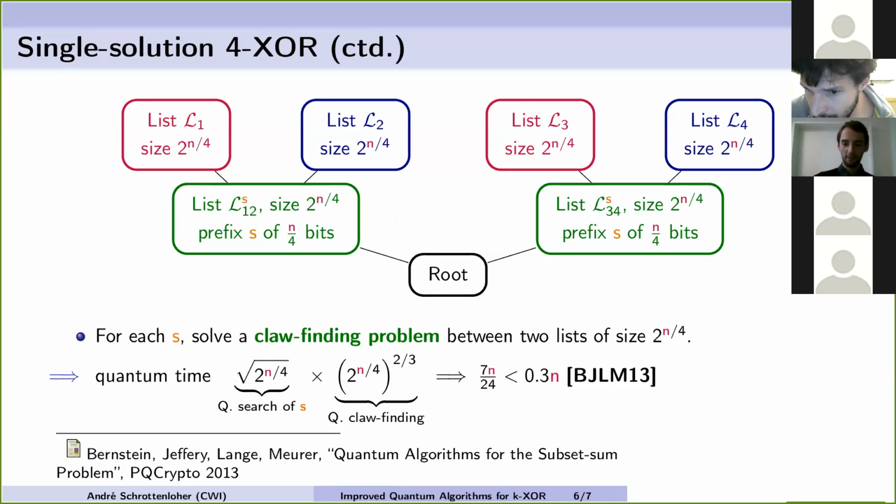There are actually efficient quantum algorithms to solve that, especially running in time the size of the list to the n over 4 power 2/3. And you can see this 4 XOR problem as a merging problem between these 2 green lists, as soon as you're able to basically sample the elements of this list efficiently, which you can do.